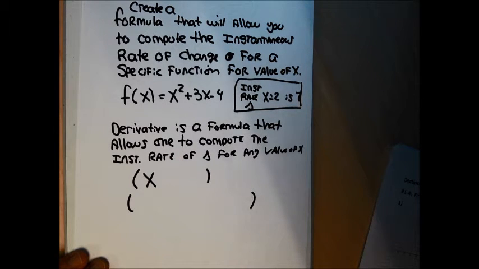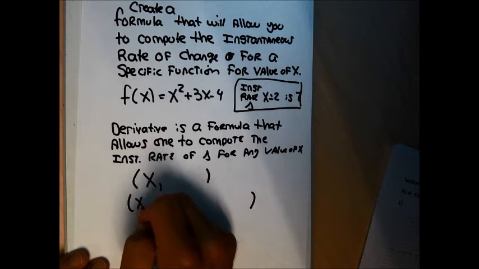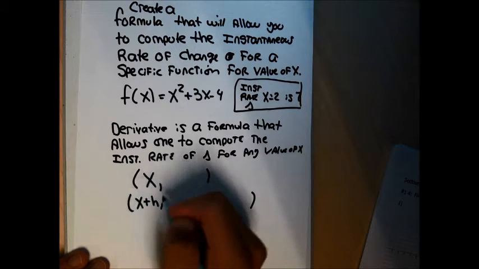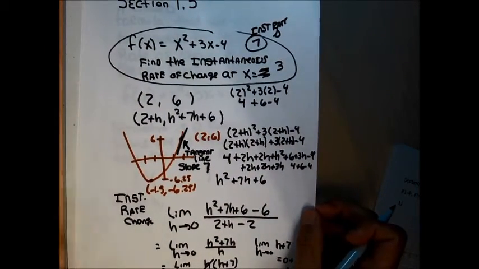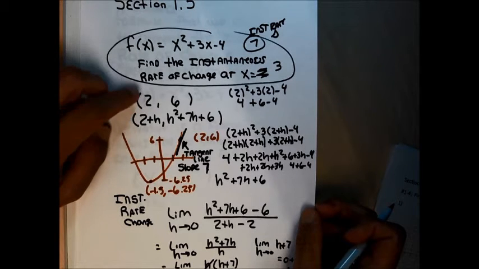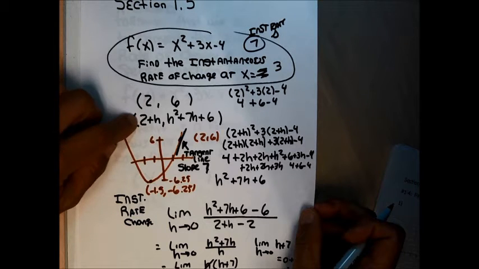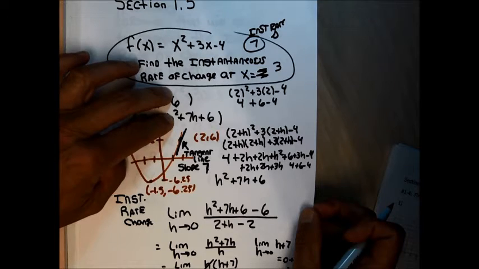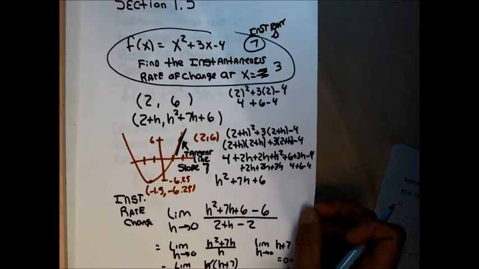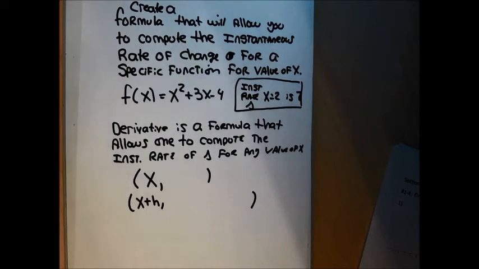And just like when we were doing it with numbers, the second point, its x value is going to be x plus h. So this is exactly what I did for the instantaneous rate of change at x equals 2, except now, instead of using a specific number like 2, I'm using a generic x, which makes me use a generic x plus h. It's going to make the y's messy too, but the power of this is that it's going to make it so I can find the instantaneous rate of change for any value of x.